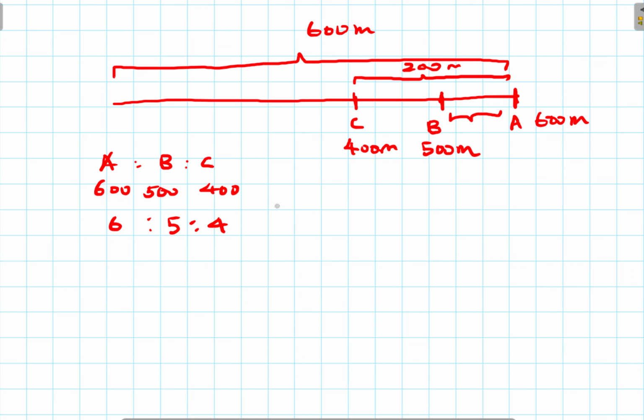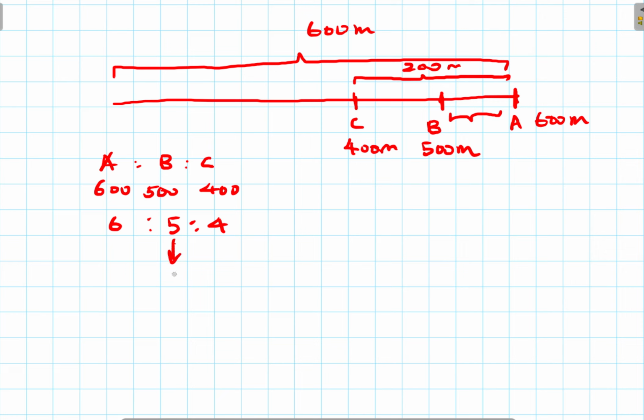Correct? Okay, now it's asking you, how far was Chris from the finishing line when Ben completed the race? So that means when Ben, this 500 meters, completes the race, because you know the ratio between them will not change.